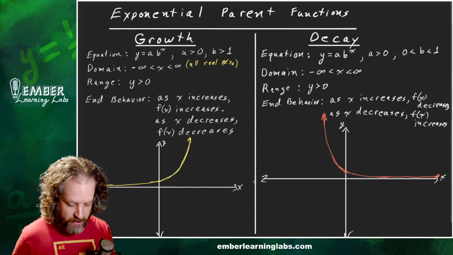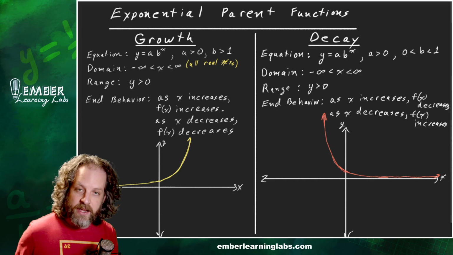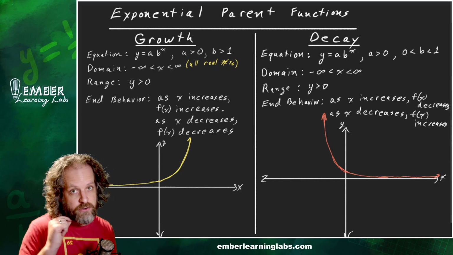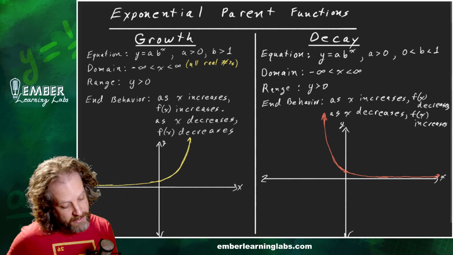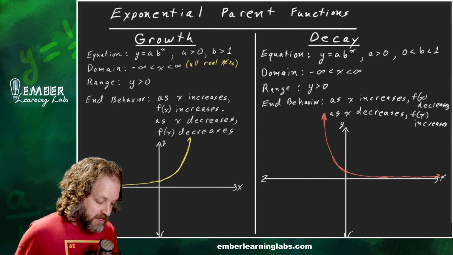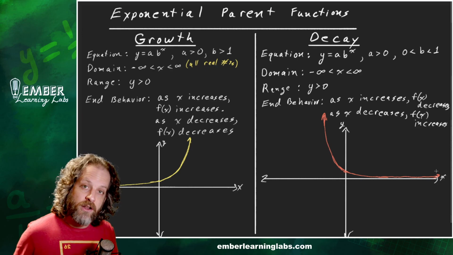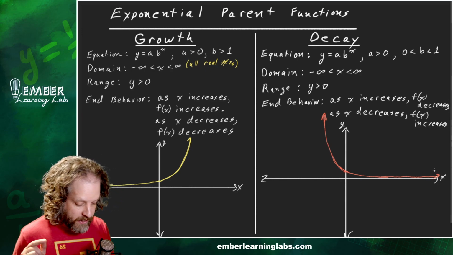So as x goes down, it gets closer and closer to 0, but never quite touches it. Same thing for the decay, but as x increases, the function decreases, getting closer and closer to 0 on this side, but never quite touching it.